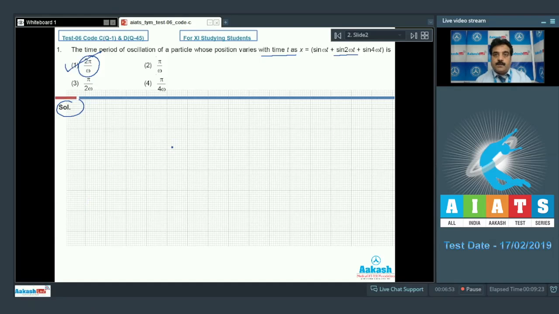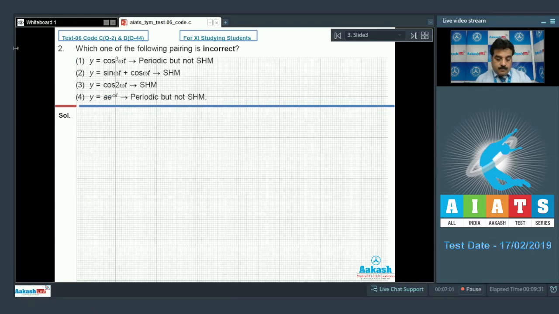So let's move on question number 2. In the question number 2, which of the following pairing is incorrect? You have to be very careful. We are going to find the incorrect statement and that will be the right option for you. So if I go for option number 1, first I would like to say, if function increases or decreases monotonically with time, function will be non-periodic, right?